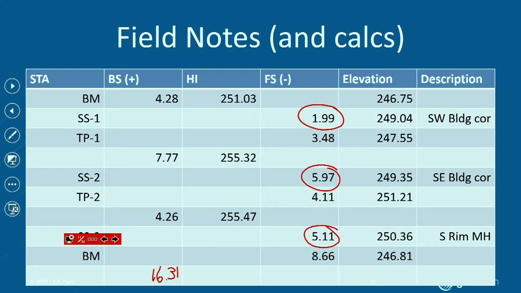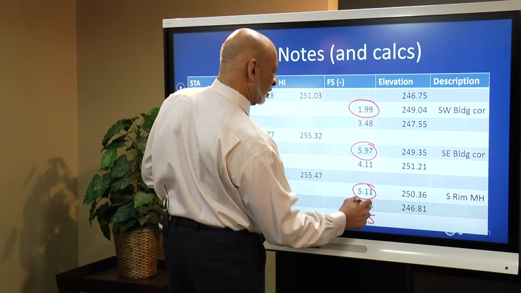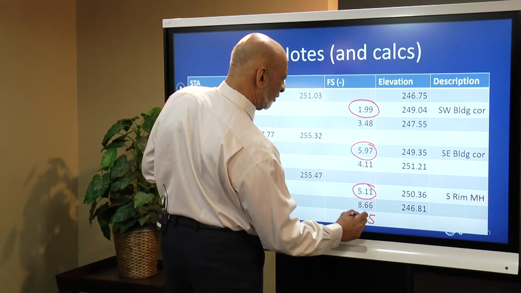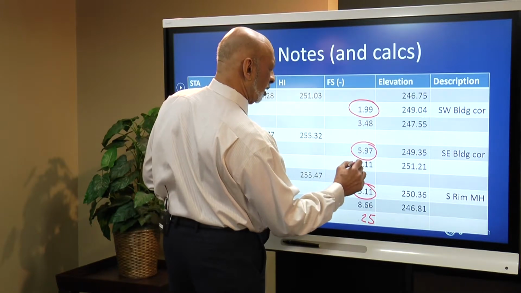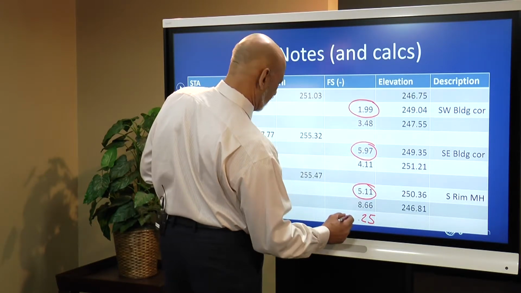Now, when we add up the foresights, we don't include the ones that have been circled. Now, you can circle them if you want to, box them in or something like that, so that you know which ones you're supposed to add up. So we have 8, and 1 is 9, and 6 is 15. 5, and 1 is 6, and 6 is 12. 4, 8, 16.